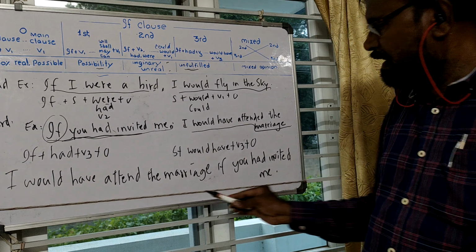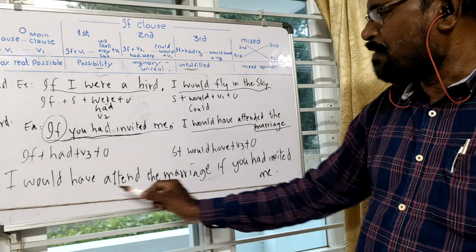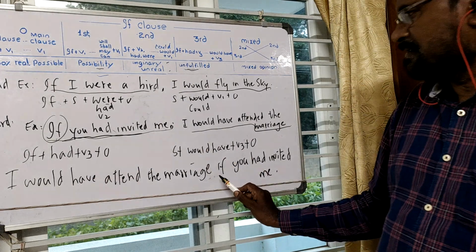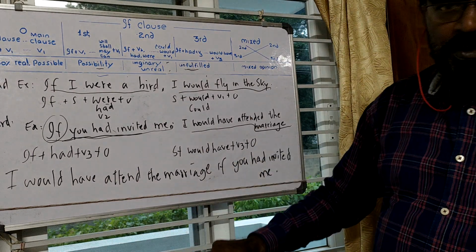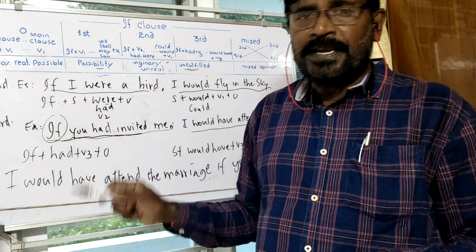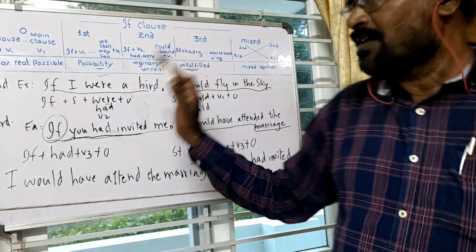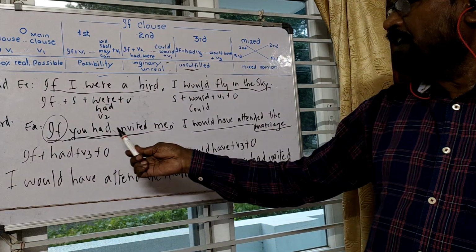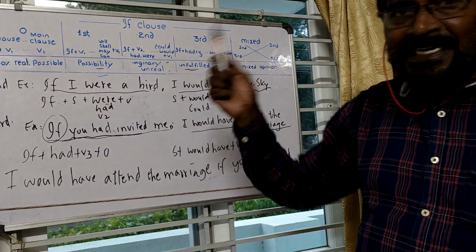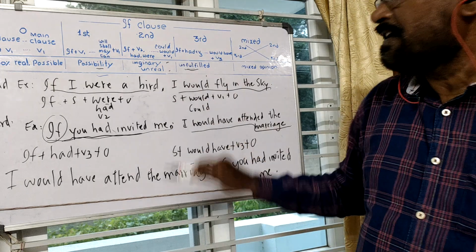Here I am not using a comma at the end of the main clause. It means when we begin a sentence with the subordinate clause or the subordinate conjunction, then we use a comma at the end of that subordinate clause.